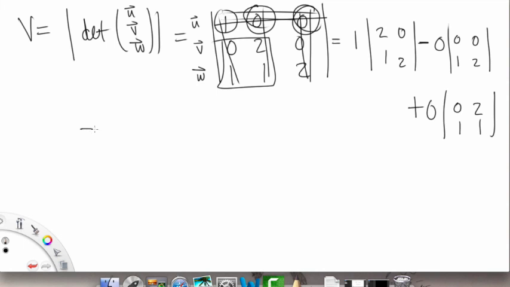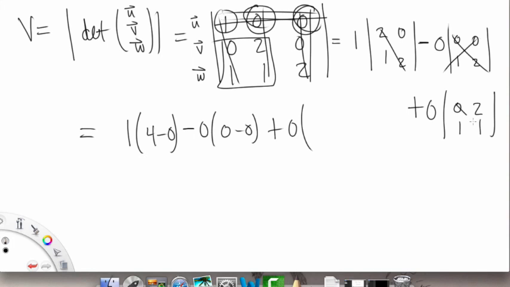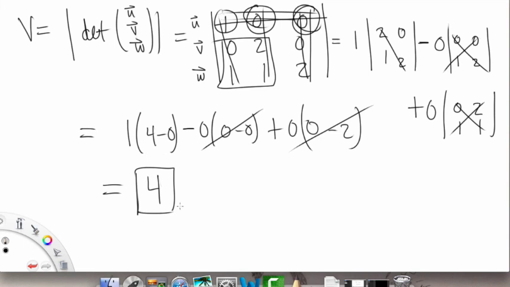Continuing, we get 1 times 2 times 2 minus 0 times 1, so that's 4 minus 0. Then minus 0 times 0 minus 0, plus 0 times 0 minus 2. Since these last two terms start with zeros, they have coefficients of 0, so they both end up being 0. Our final answer is 1 times 4, which is 4, and it agrees with our previous calculation.